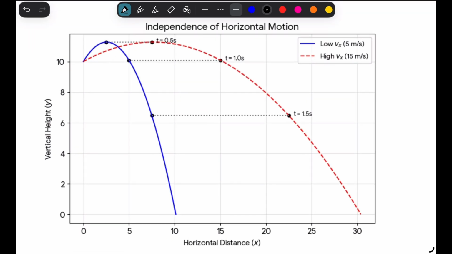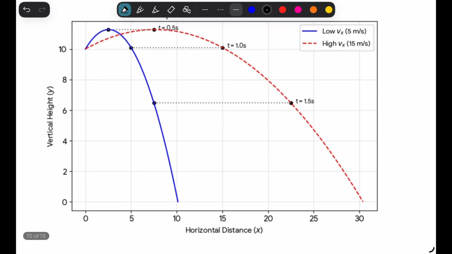So we have a low vx, which is 5 meters per second, as our blue line, and we have a high vx, which is 12 meters per second, and we can see that they are both going to be launched from the same height.